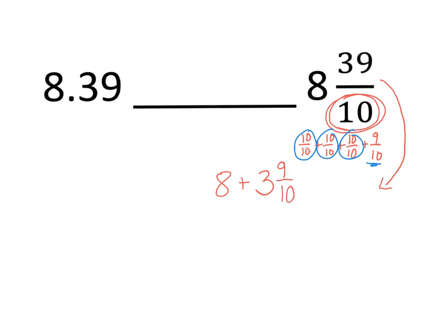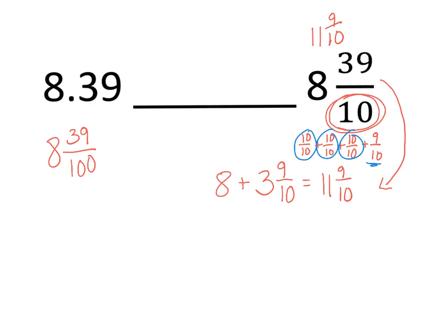So if we add this up, this becomes 11 and 9 tenths. So this 8 and 39 tenths is really equal to 11 and 9 tenths. So 8 and 39 hundredths, well, this one, let's convert this into a mixed number. Can we see which one is greater?